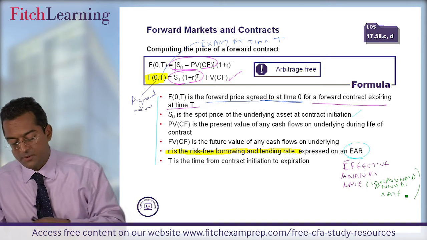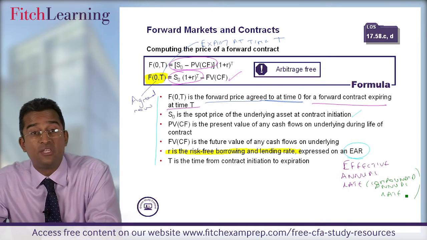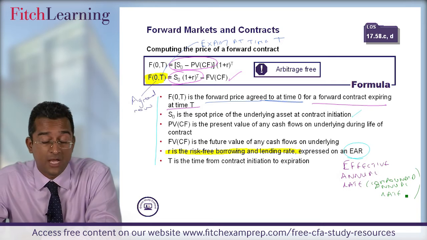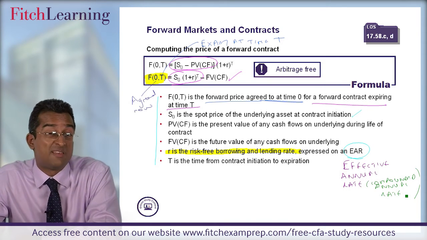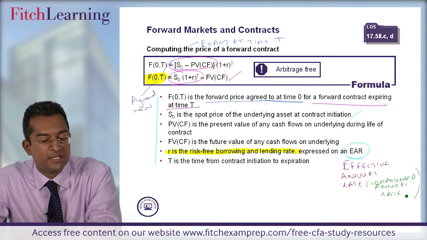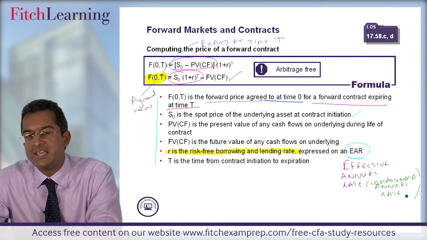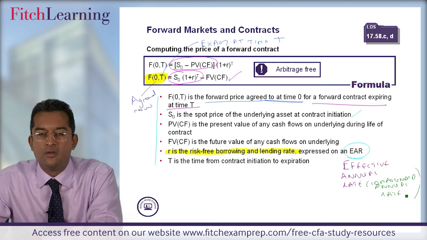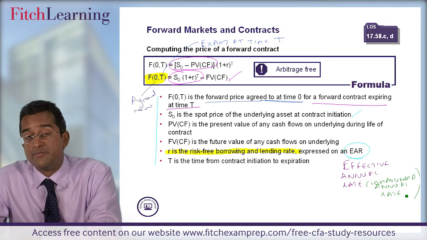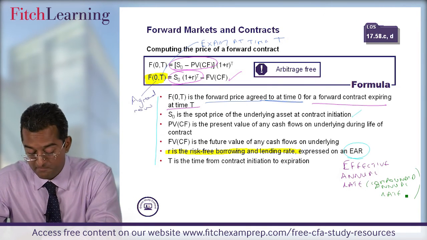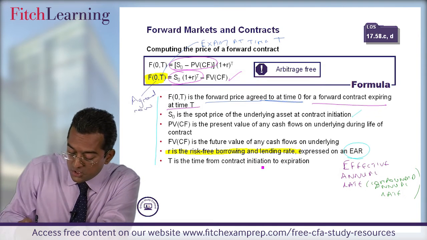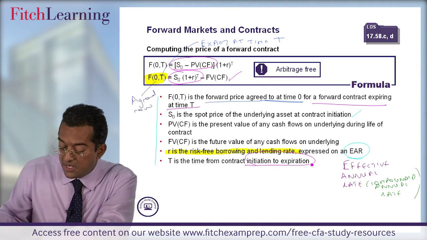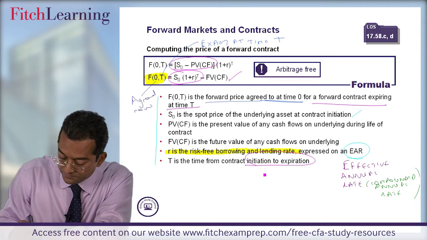If you have to de-annualize your rate, you'd have to use the relevant fractional power to de-annualize it. It's not a nominal rate where you could just, for example, with a semi-annual, just halve the rate. You do not do that. It's an effective rate, so you have to raise to the power of a half, for example, rather than multiplying by a half. And T is the time from contract initiation to expiration, so the initial term of the contract.